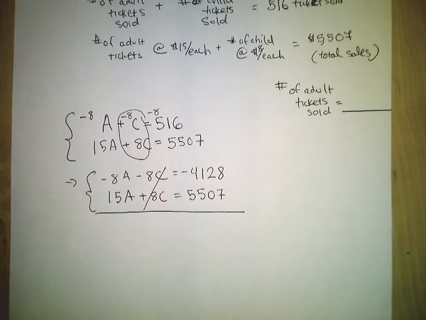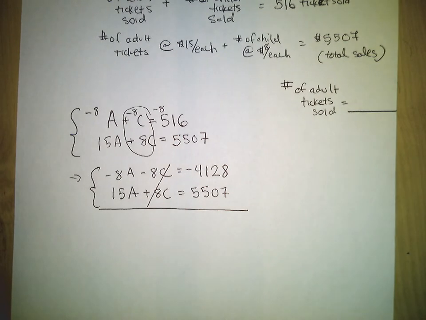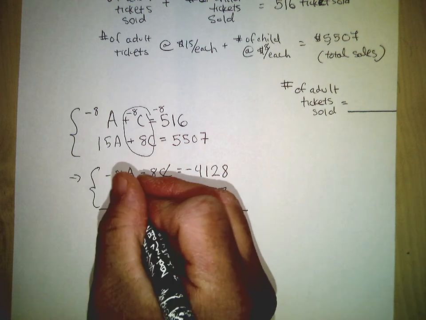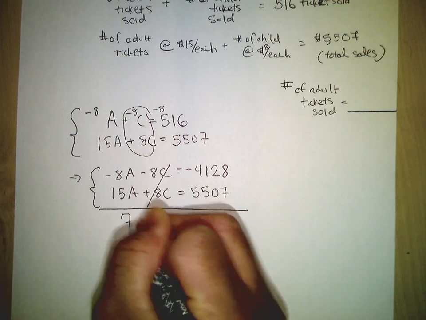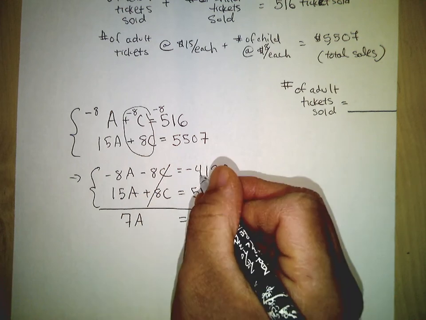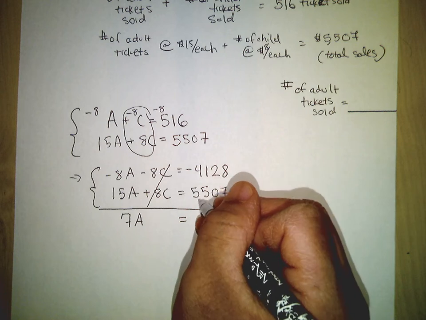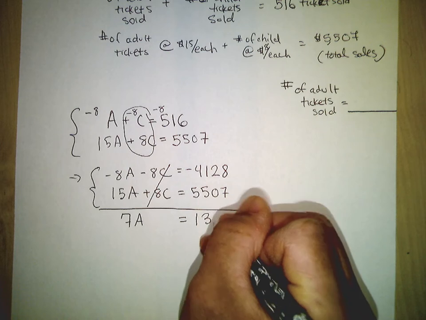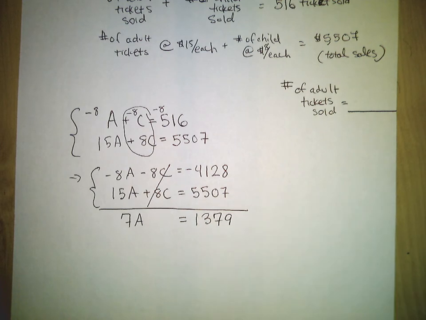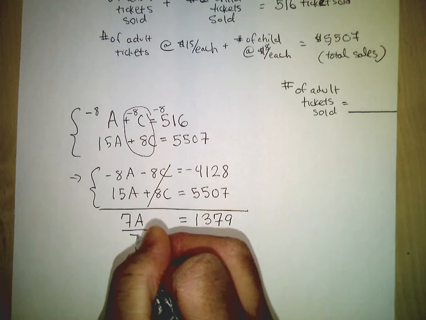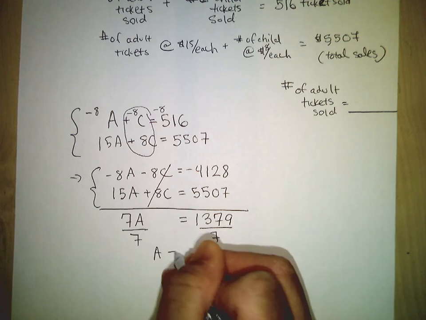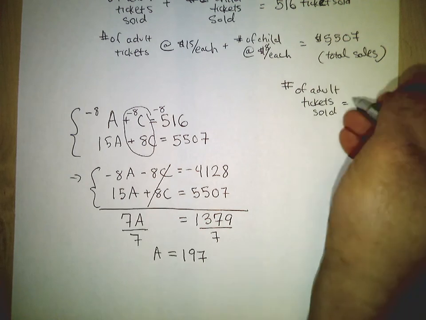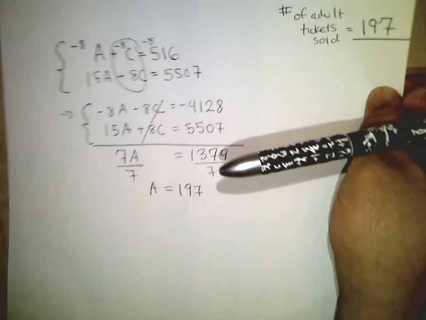So 8C minus 8C, 0. So we have 15 minus 8 is 7, so 7A, and -4,128 plus 5,507 will be 1,379, and then I divide by 7 on each side to get A is 197. So I see that the number of adult tickets sold was 197.